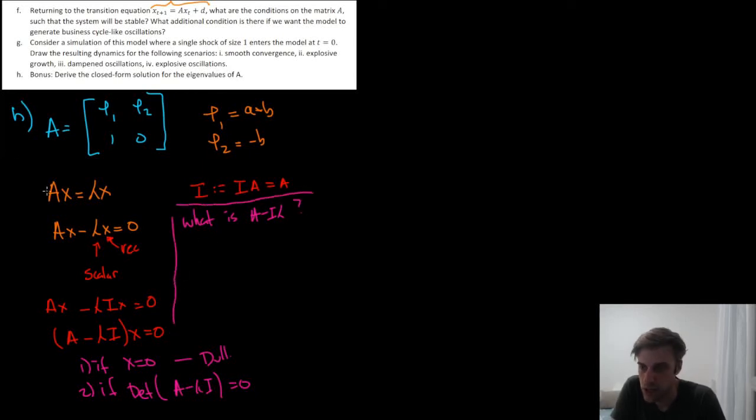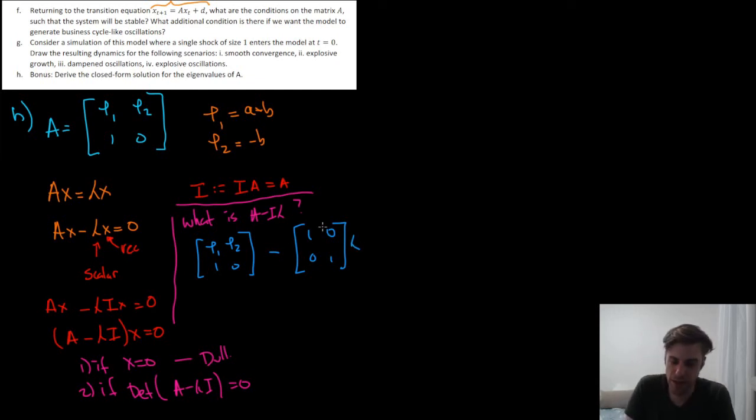Make some delineation here. Let's change colors again. A is row 1, row 2, 1, 0. Lambda I, the identity matrix, is just 1s on the diagonal times lambda. So we can factor the lambda into the matrix. Matrix scalar multiplication, you just multiply everybody. So here we have a lambda, and here we have a lambda.